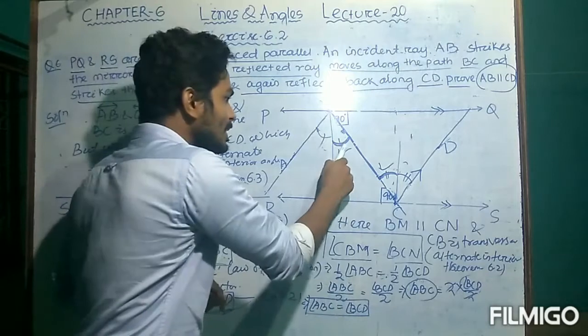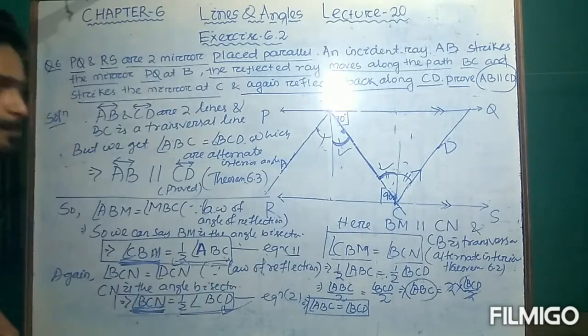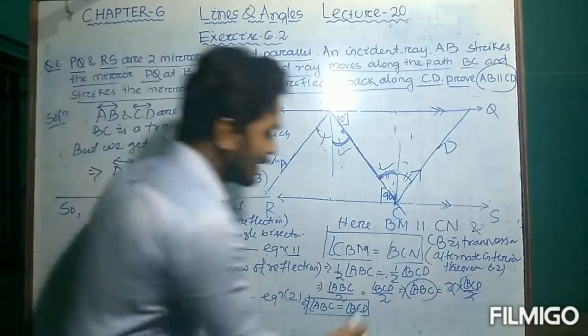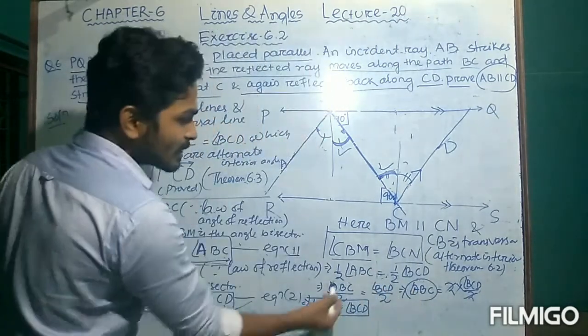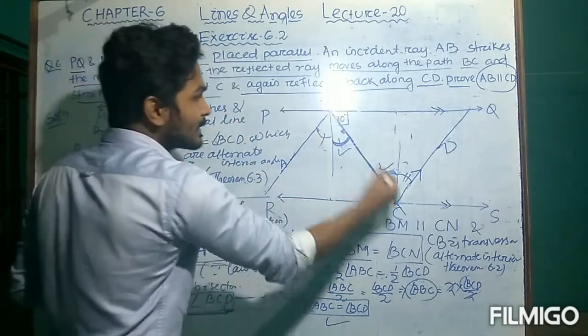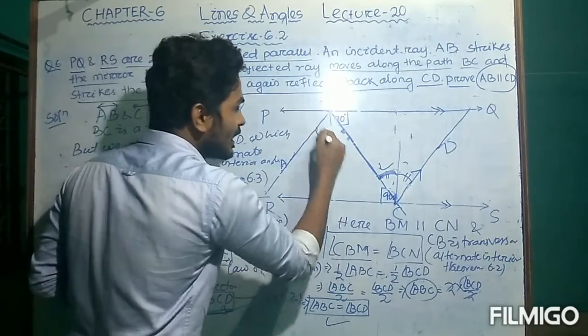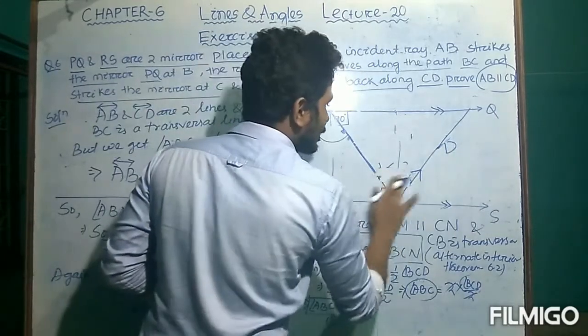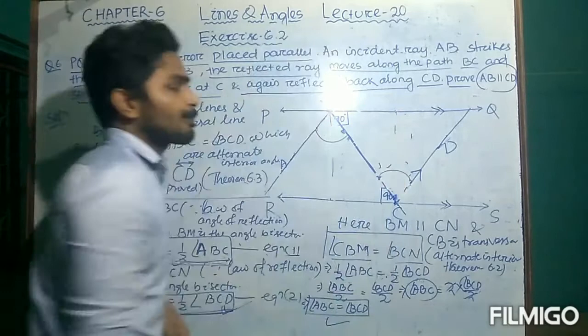Now in place of this angle, we substitute this angle, and in place of this angle, we substitute this angle here. Now this 2 can be cancelled out, and finally we find the angle ABC, that means this angle, is equal to the angle BCD, that means this angle.